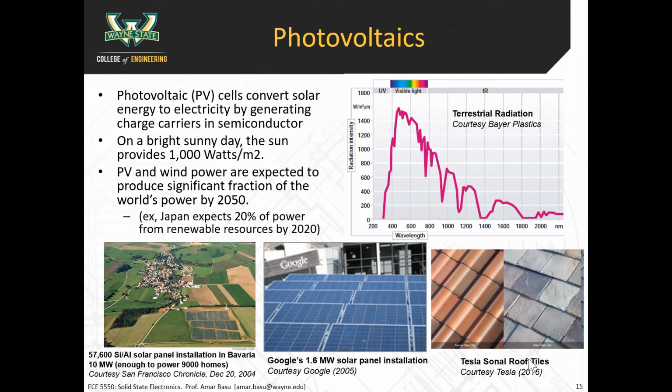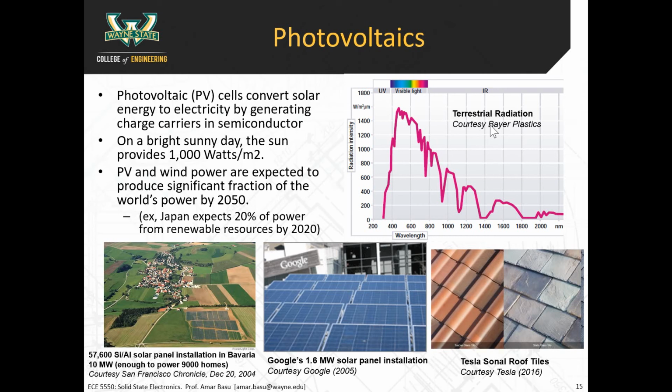And so these are some examples of photovoltaic panels that Google and Germany had done. You guys have heard of some of the Tesla solar panel roof tiles that have come out in the last few years. One of the things with solar panels, now that you have a little bit more idea of silicon and carrier generation, you can already see that the solar radiation, terrestrial radiation, means the solar energy that hits the surface of the Earth, not the stuff out in space.